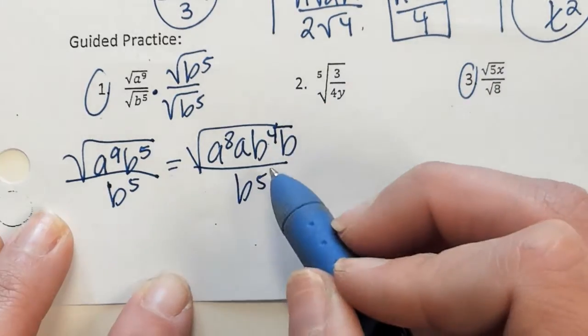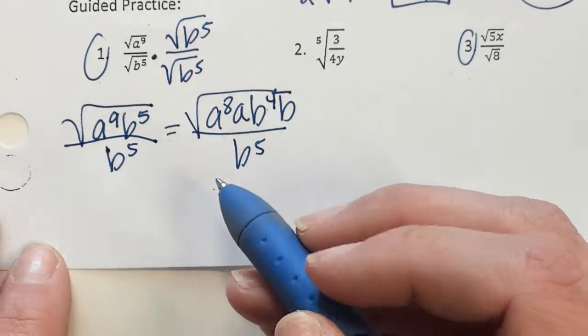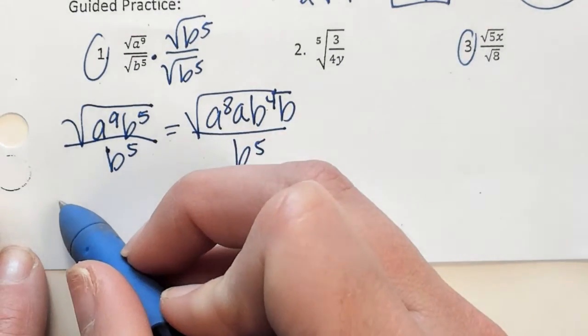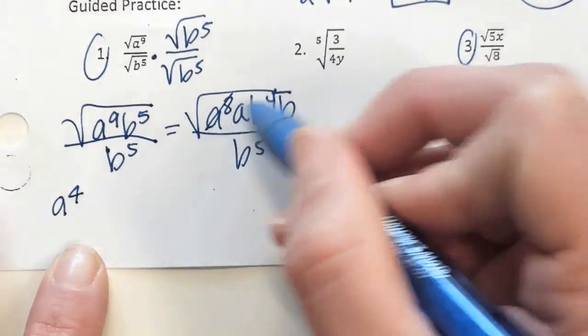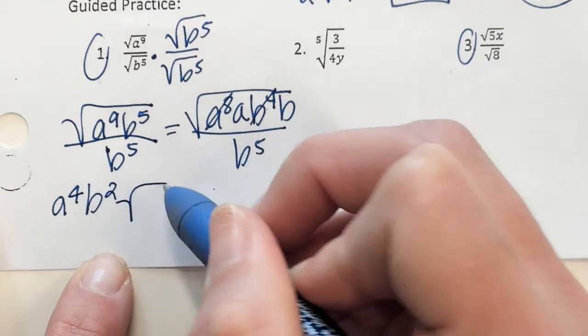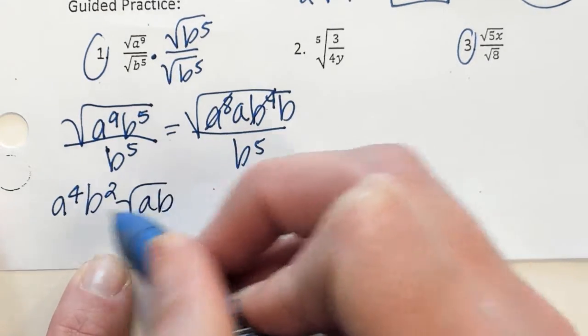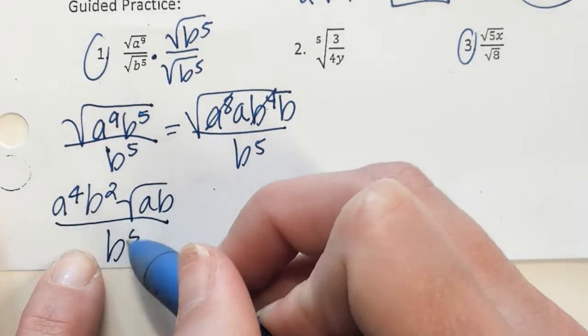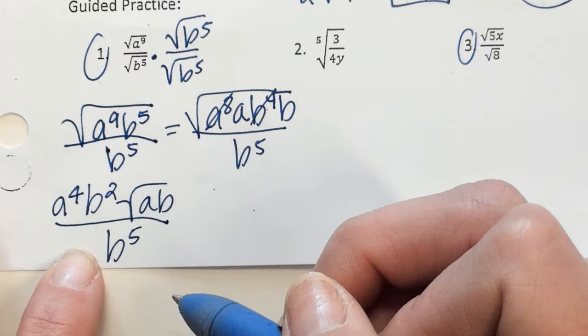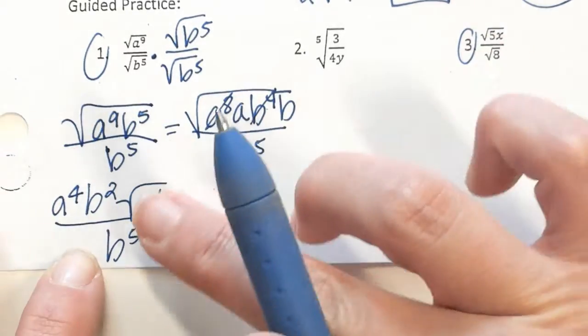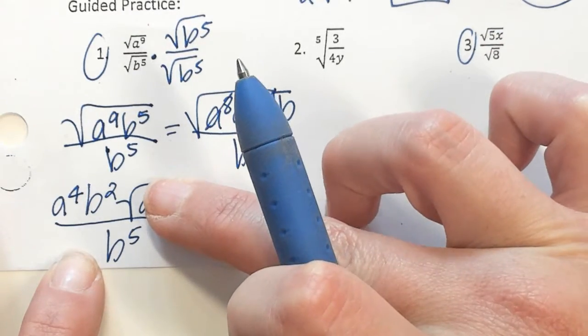And then when I take the square root of everything I can, square root of A to the 8th, very good. Square root of b to the fourth. Good. Square root of what? All over. Now what can I simplify? Nothing with my radical. So what can I simplify?